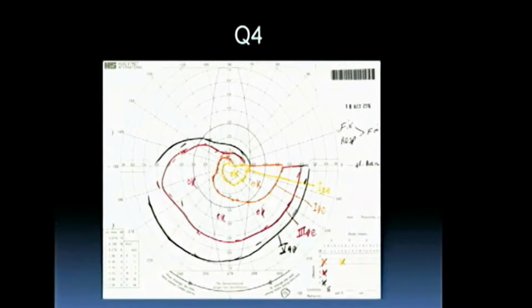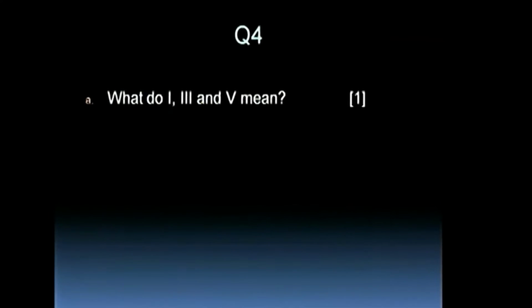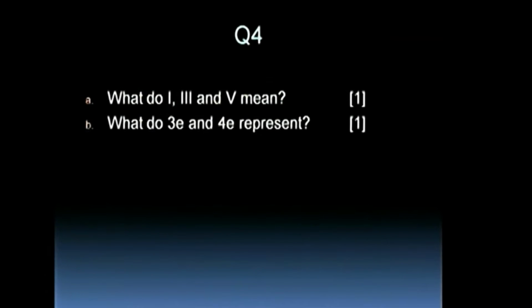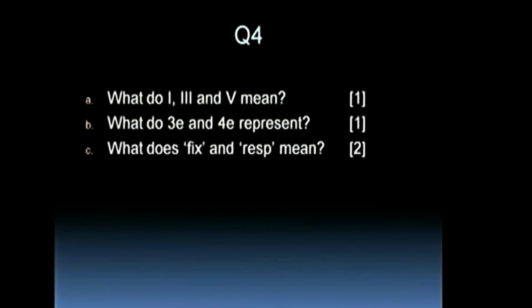Question 4 was about this. What do 1, 3, and 5 mean in Roman numerals? What do 3 and 4E represent? What does fix and resp mean?